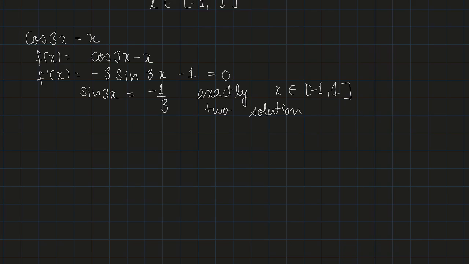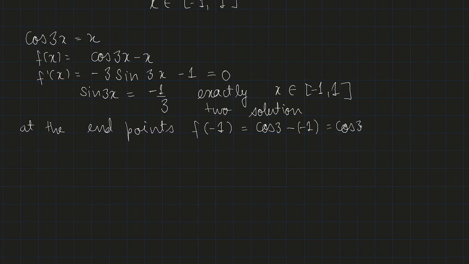Now that I know there are exactly 2 critical points, I also have to see the behavior at the endpoints, right? So what is my f of -1? It is cos of 3 minus -1, so that is cos of 3 plus 1, and that is greater than 0.